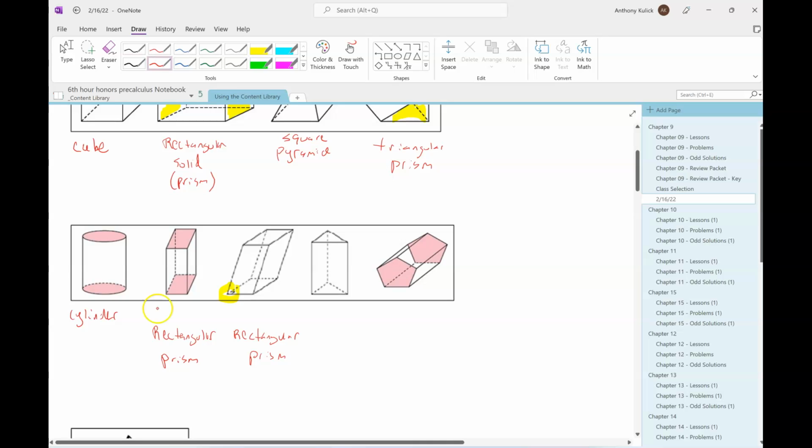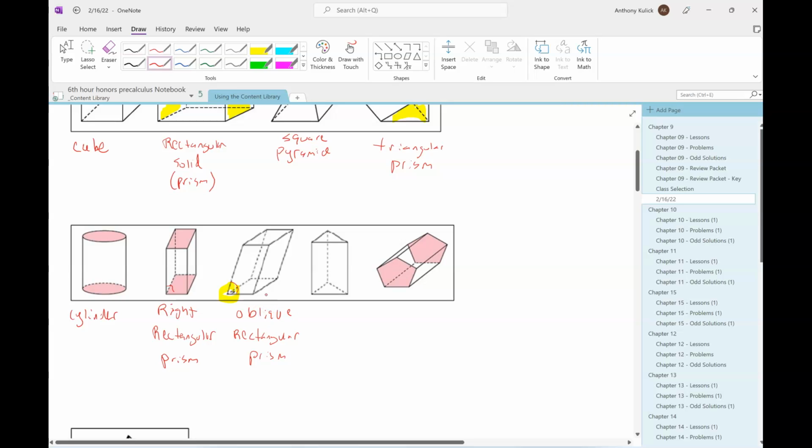When it goes straight up and down and the faces are perpendicular to the base, we'll call that a right rectangular prism, and one like this one where the face is not perpendicular to the base, we'll call that one an oblique.